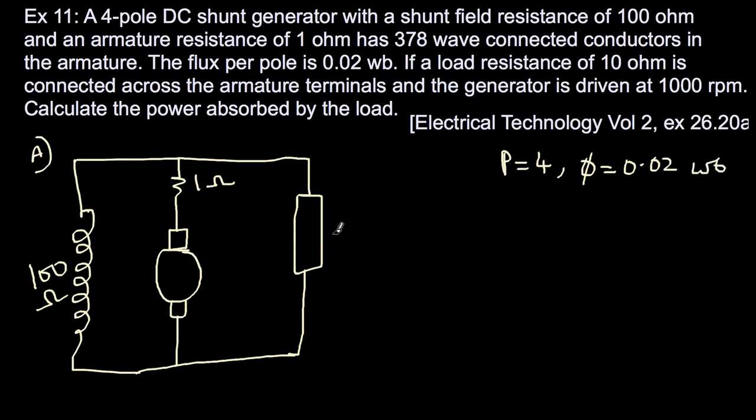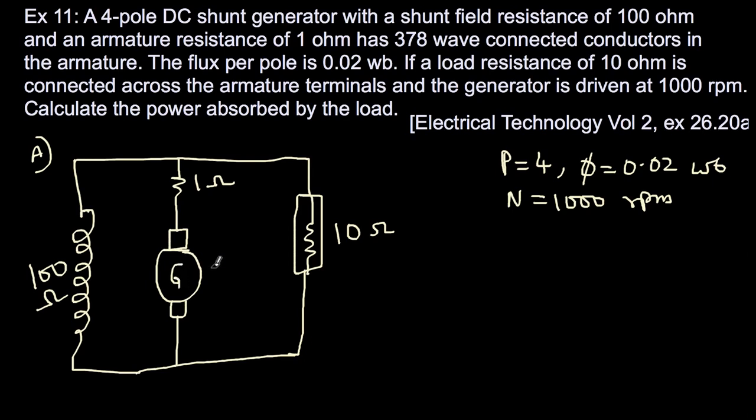If the load resistance is 10 ohms, connected across the armature terminals, and the generator is driven at 1000 rpm. The terminal voltage is not given in this. Calculate the power absorbed by the load.